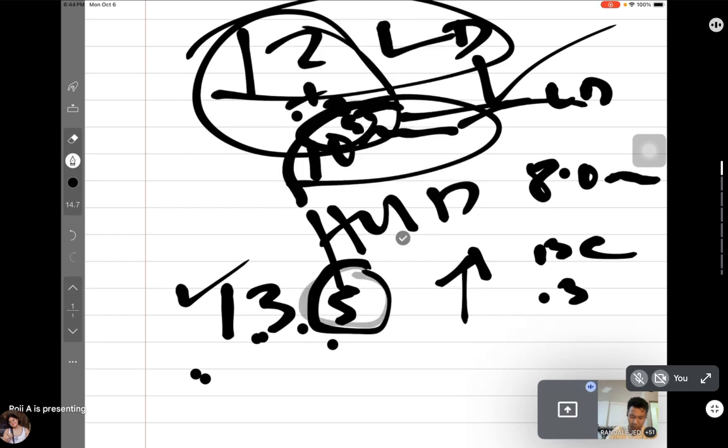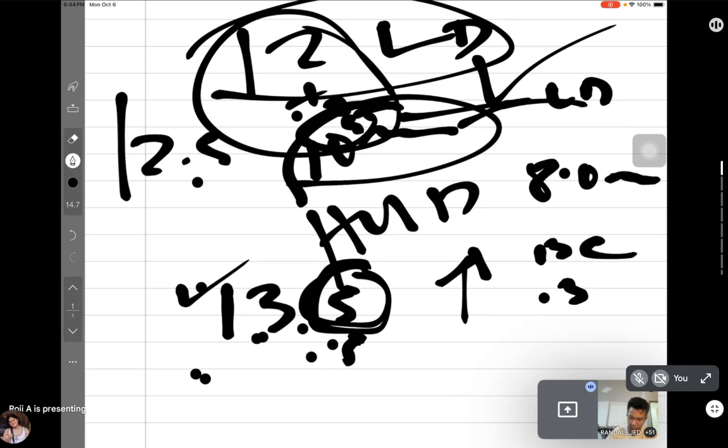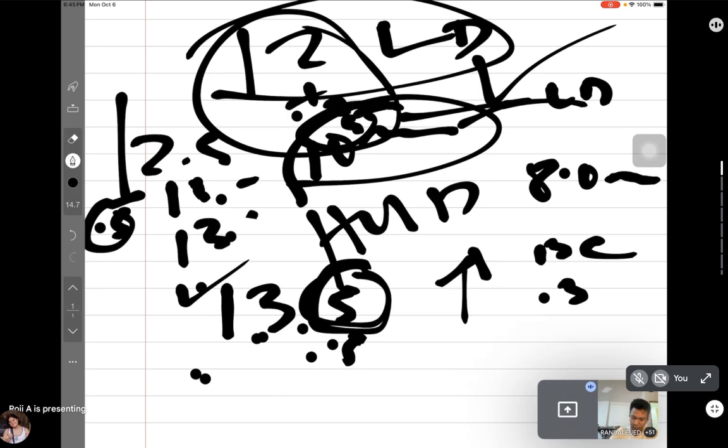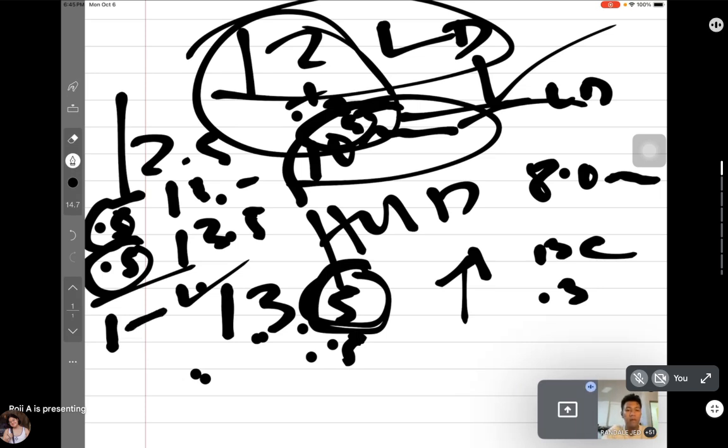So for every 0.5, you increase by 0.3. From 12.5, plus 0.5 is 13, then another 0.5 because our available is 13.5, so a total of 1 millimeter.